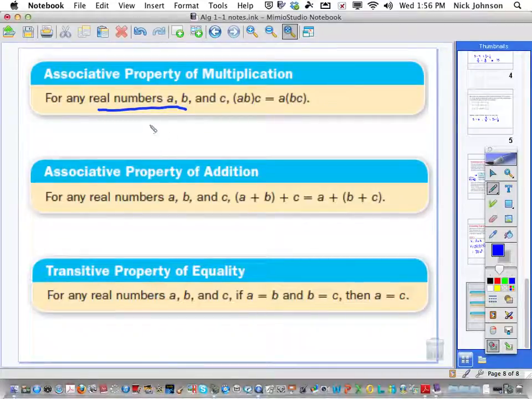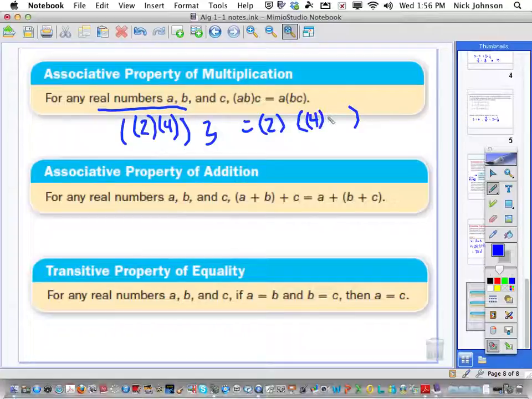So for instance, 2 times 4, we're going to do that first, times 3, is going to be equal to 2 times, where we multiply 4 times 3 first.